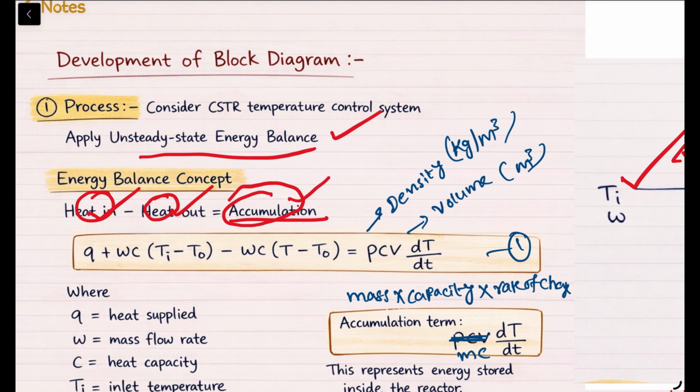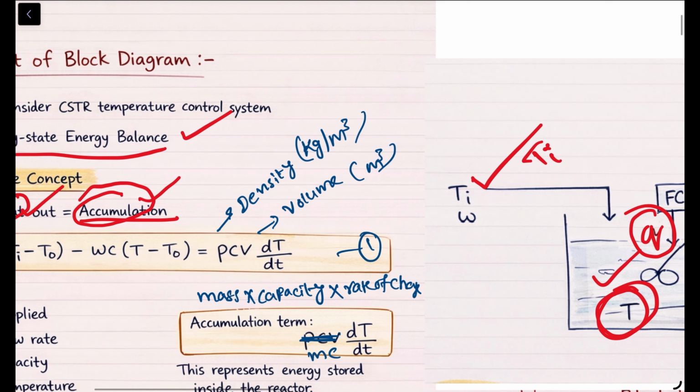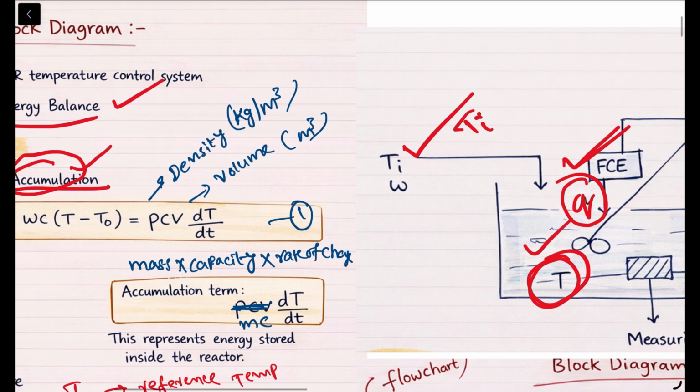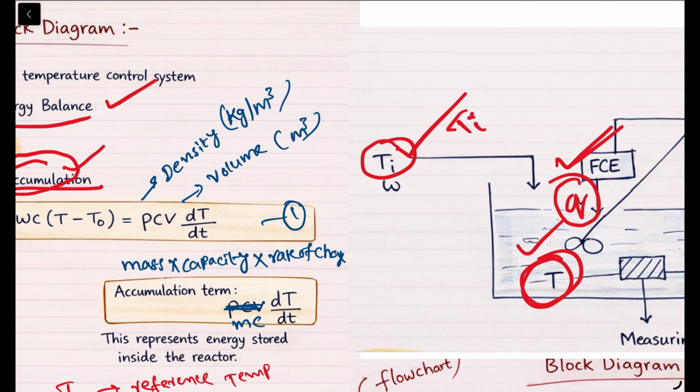Heat enters the system in two ways. First, heat is supplied external to the reactor, which we denote as Q. This is one input. Second, heat enters with the incoming fluid stream. This is the second input.